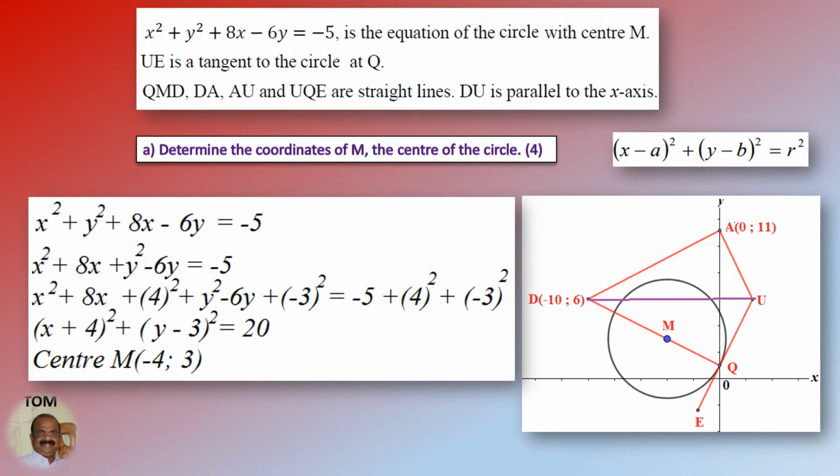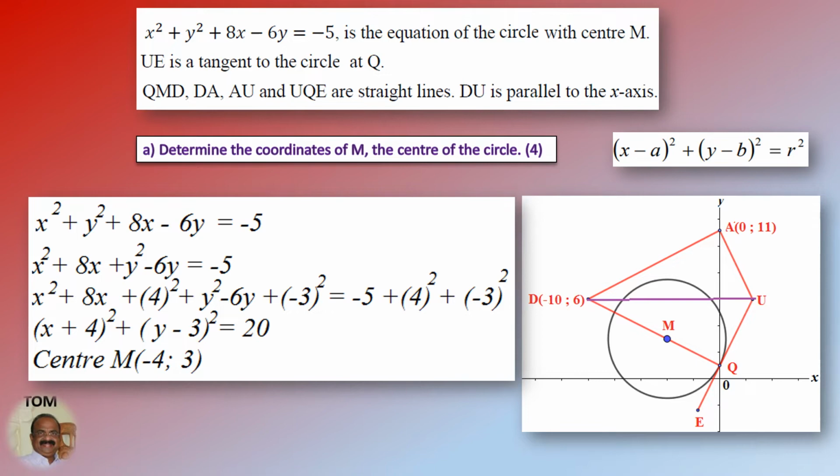So we get x plus 4 whole square and y minus 3 whole square equal to, the right hand side we use the calculator and simplify, we get 20 on the right hand side.